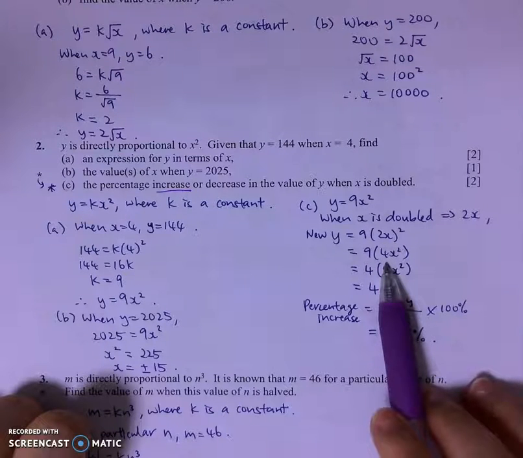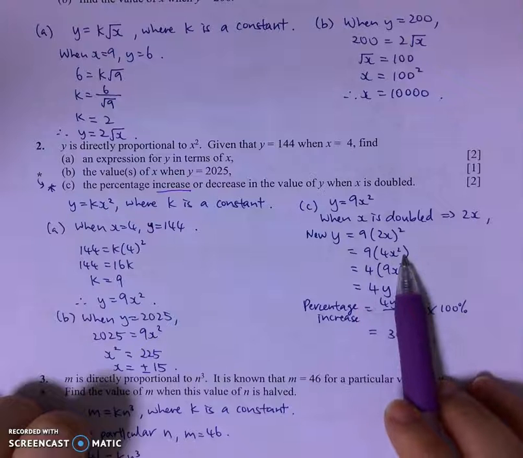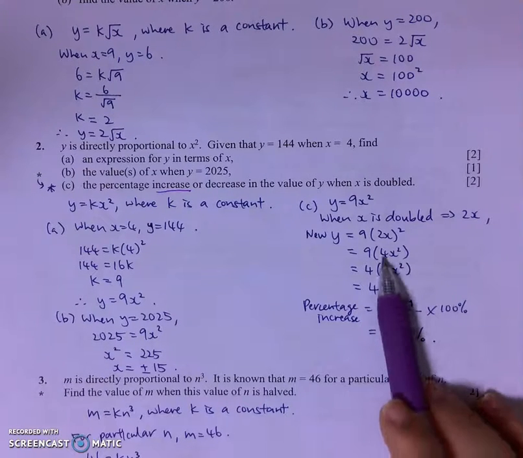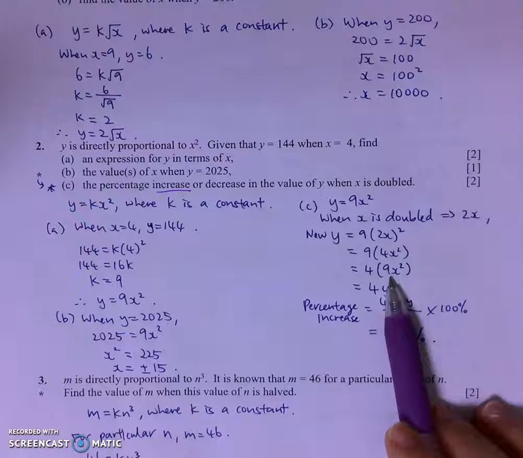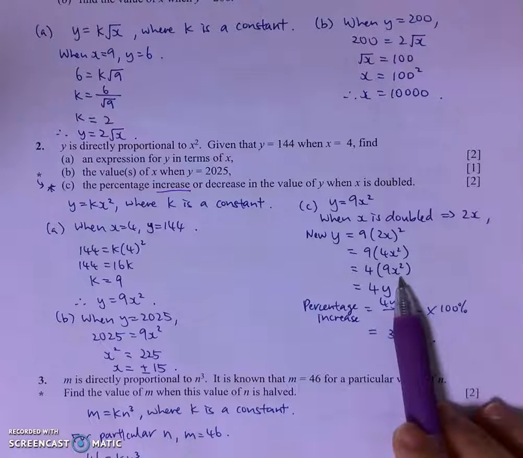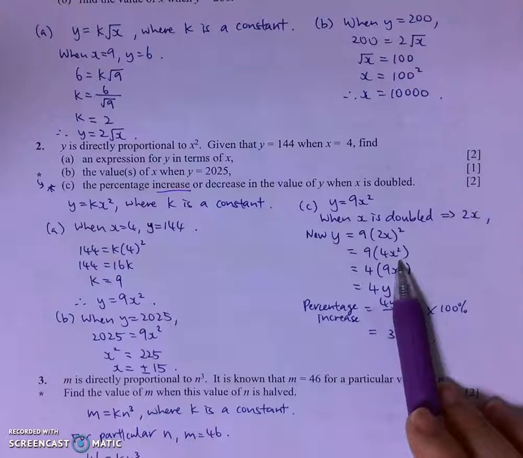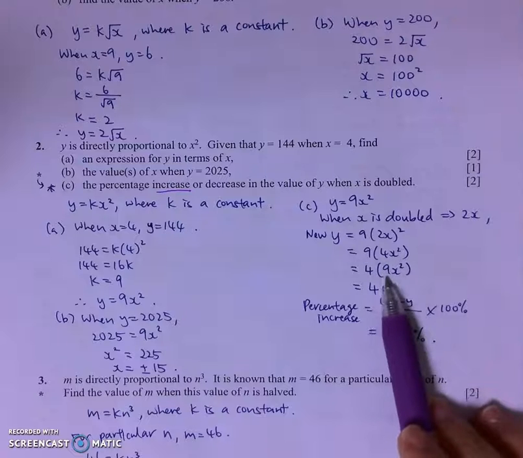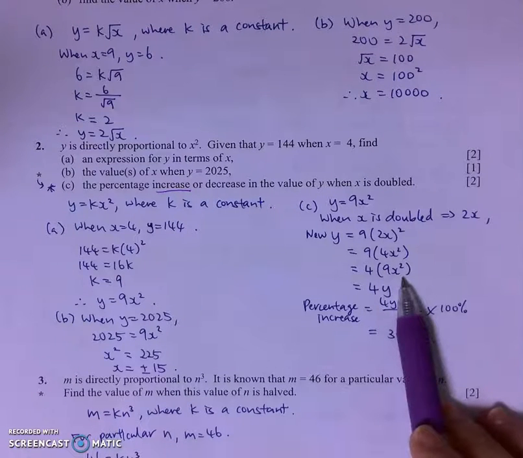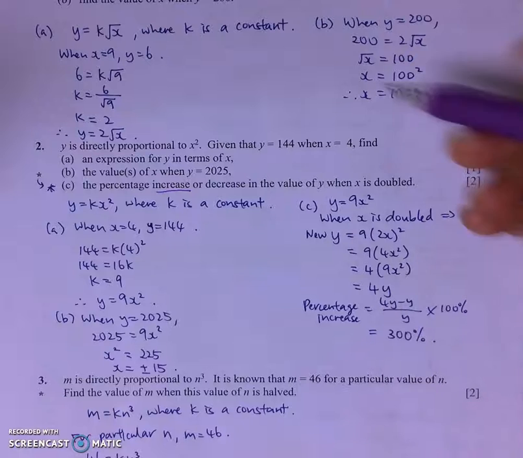So that gives us 9 times 4x squared. What I'm doing next is rewriting this. So 9 times 4 times x squared is the same as 4 times 9 times x squared. And I know that 9x squared was actually the initial value.